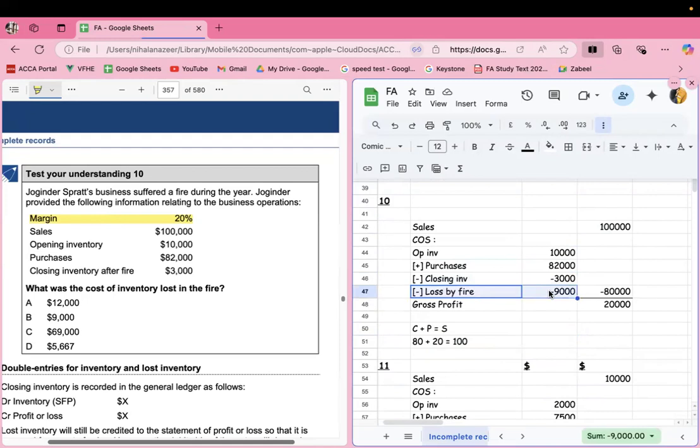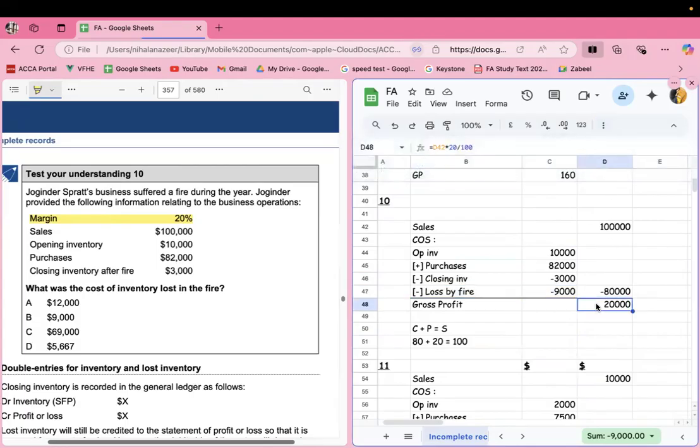Clear? So what you do is, from the sales, you're going to calculate gross profit. Understood? Okay. So how do you calculate gross profit? Gross profit is equal to amount given, that is sales 100,000, into what to find, which is gross profit 20, right? 20 divided by what is given as sales, that is 100.